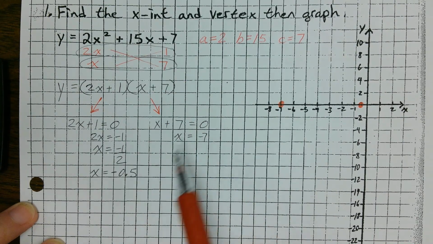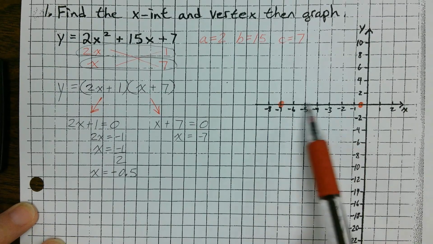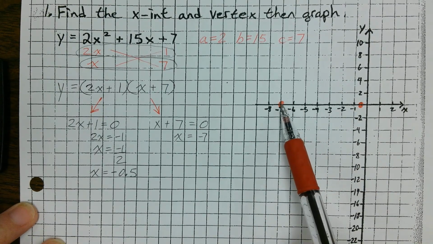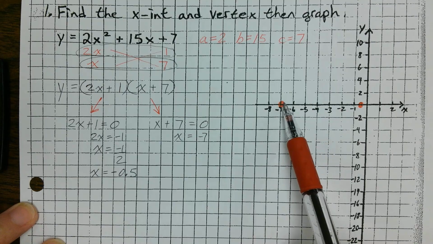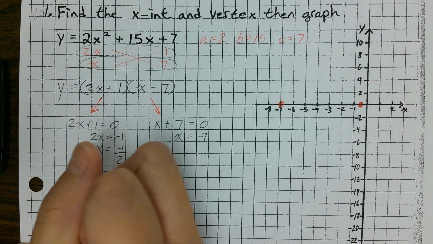But since we got to this part, is there an easy way that we can find the vertex? Nikki? Right. Again, your parabola is symmetrical. So if you find the middle of these 2 points, that's going to be the x value of your vertex.